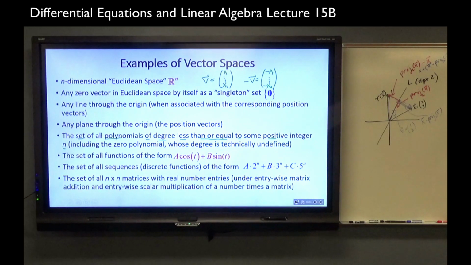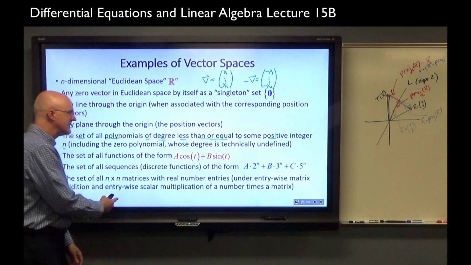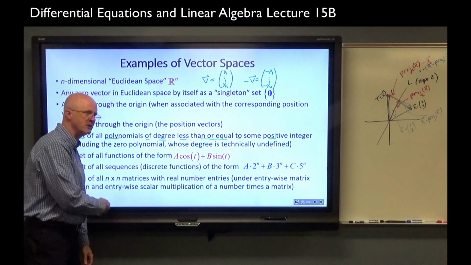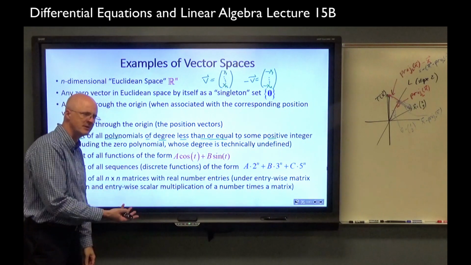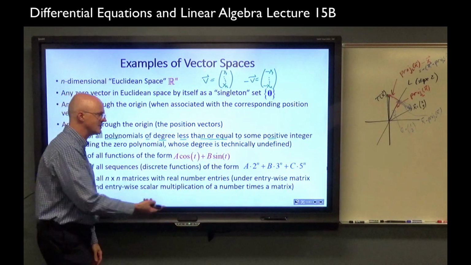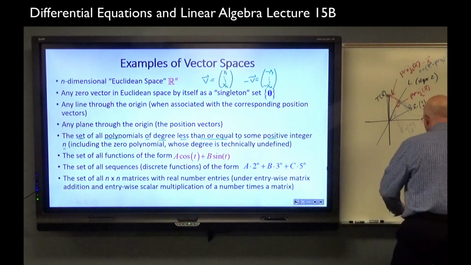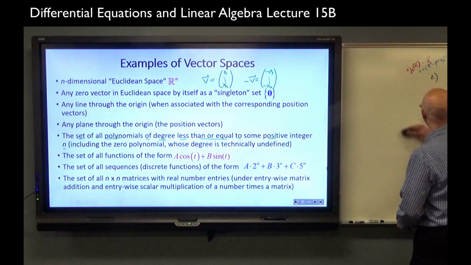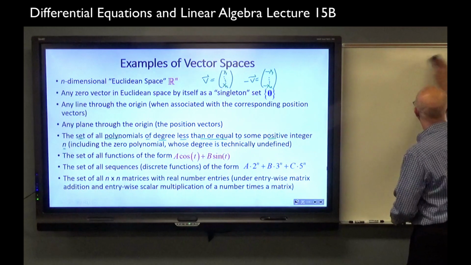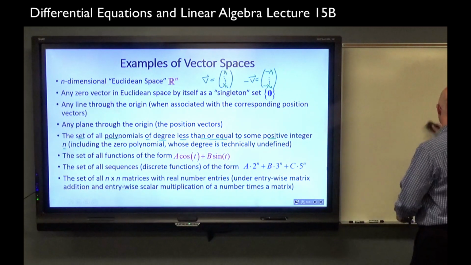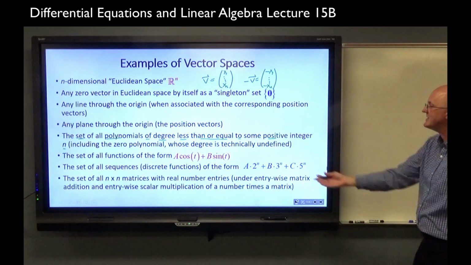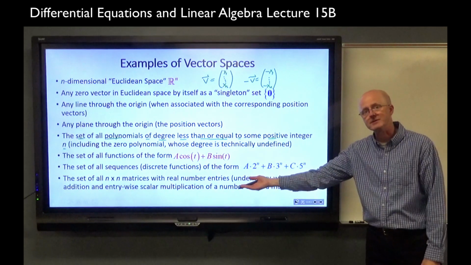The set of all n by n matrices with real number entries, where vector addition is matrix addition and vector scalar multiplication is a scalar times a matrix. And things are done entry-wise, which is very analogous to component-wise. So I'm thinking of matrices as being vectors. Actually, I didn't even have to restrict myself to square matrices here.